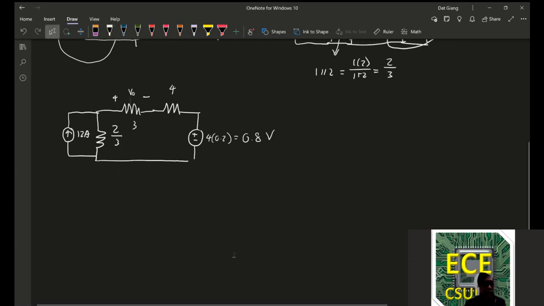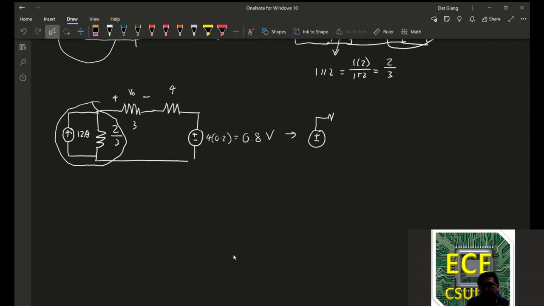Now, lastly, let's transform this back. So we get the following. We have a voltage source. We have the resistor. We have another resistor, which is our 3 ohm one. We have another resistor. So this is 0.8 volts.